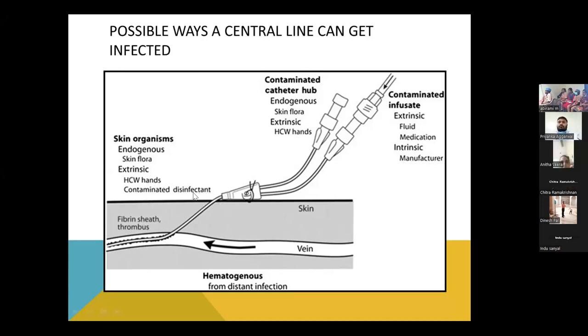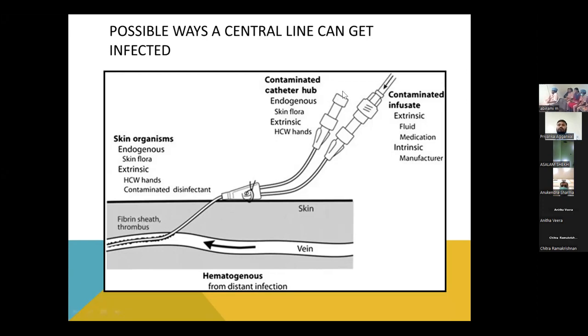This can cause a superficial skin infection, maybe subcutaneous, and also a systemic bloodstream infection. These skin microorganisms can be endogenous to the patient, or come through the healthcare workers, or any contaminated disinfectant or dressing. The second way of infection is the contaminated catheter hub.